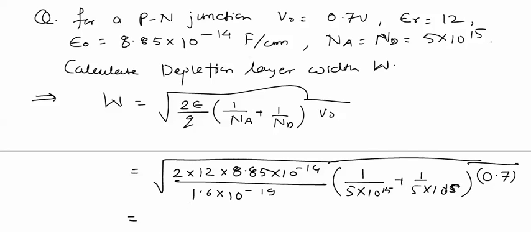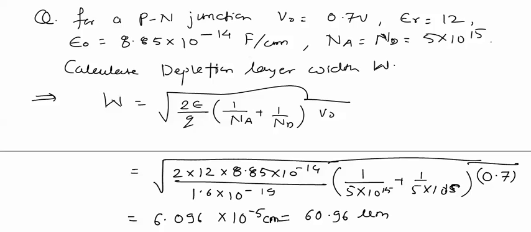Solving for this, we get W equal to 6.096 into 10 raised to power minus 5, which is equal to around 60.96 micrometers. This is in centimeters. Sorry, this is in centimeters.